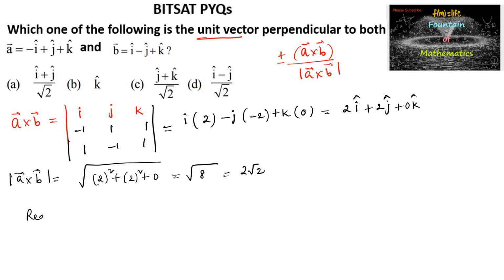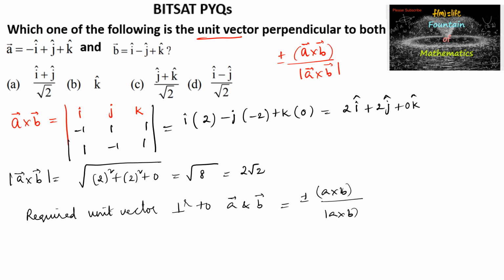Now the required unit vector perpendicular to both the vectors A and B is given by ±(A × B) divided by |A × B|, which is equal to ±2 taken common, (i + j), or here we can write 2 times (i + j + 0k) divided by |A × B|, which is 2√2.